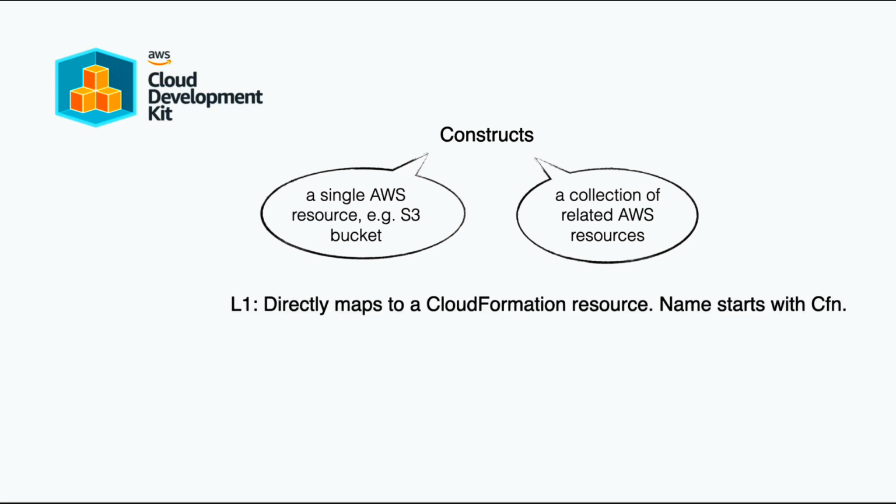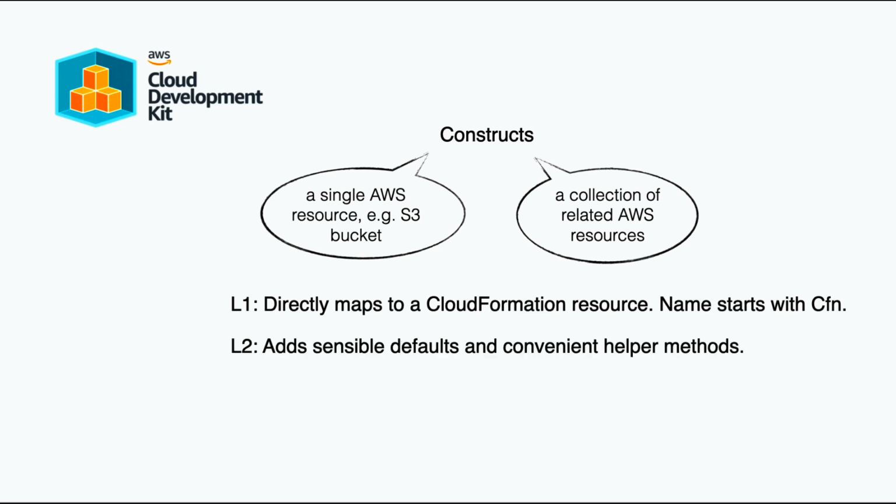Level 1 or L1 constructs directly map to CloudFormation resources and are generated from the CloudFormation resource specification. L1 construct names always start with CFN. For example, CFN bucket maps to the AWS S3 bucket resource in CloudFormation and has all the same configuration options as its CloudFormation counterpart.